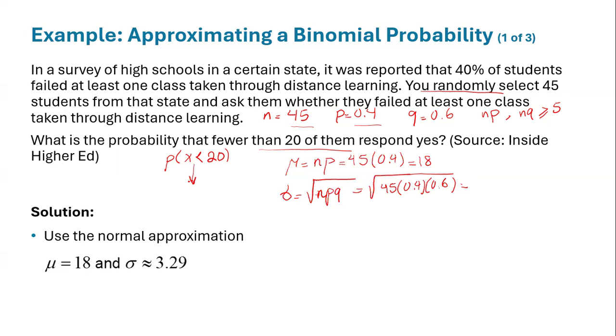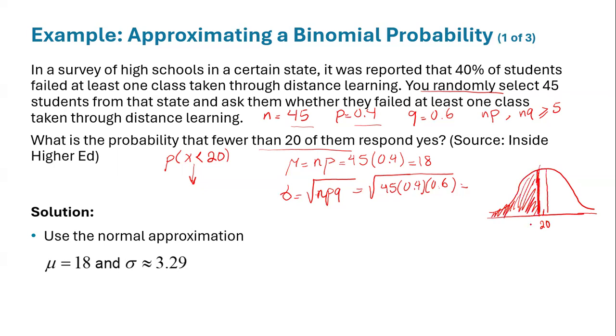Less than 20 means if I have a normal distribution and the 20 is inside a bar somewhere, when you want to find the probability x is less than 20, you want to find the area to the left. Do I have to include the bar? No, because we don't have an equal sign. It's just less than. So that means your area is up to this point.